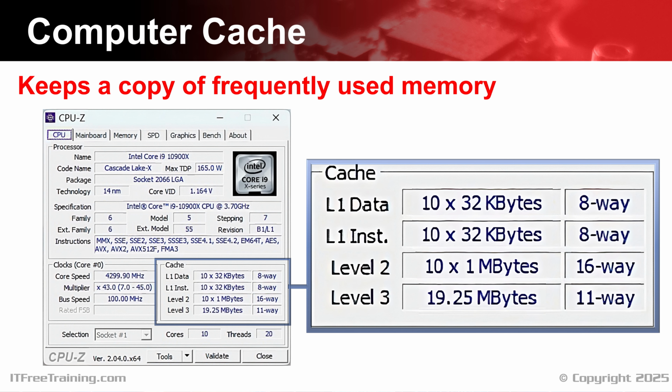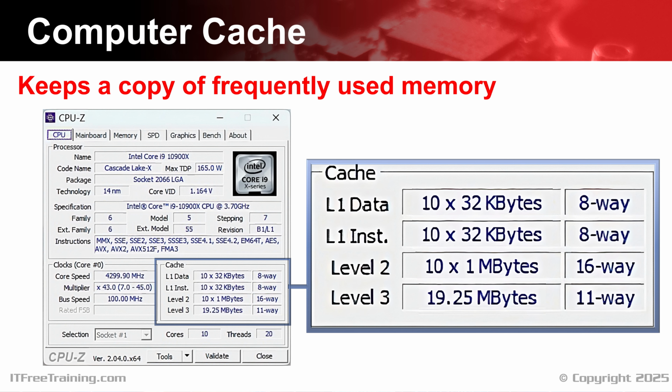CPU cache is small, fast memory built into the CPU to store copies of frequently used data and instructions from main memory. Modern CPUs generally come with 3 levels of cache called L1, L2, and L3. Higher levels are generally of increasing size and decreasing speed. L1 cache is the smallest and fastest, located in the CPU core itself.